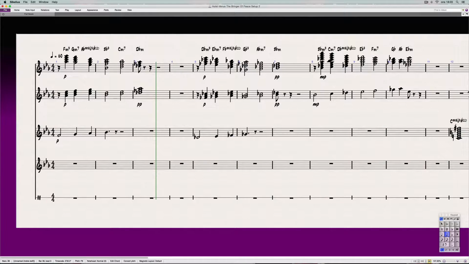When it comes to orchestration, the key you're in is really important, as well as if you're working with singers. But that's also orchestration, because all singers have different ranges, and that's sort of like your solo instrument.